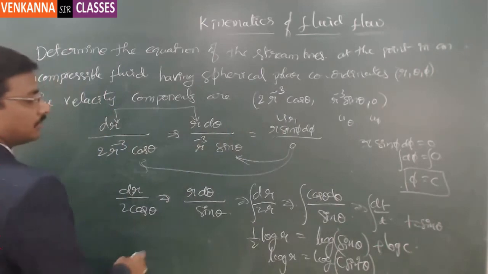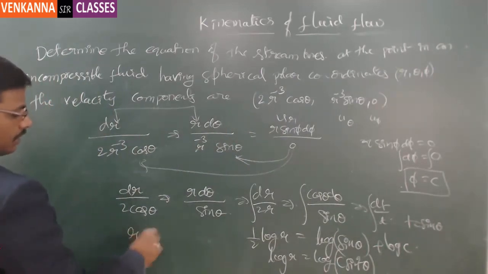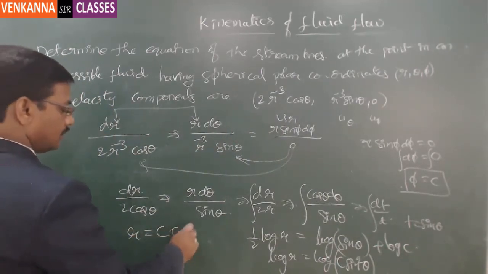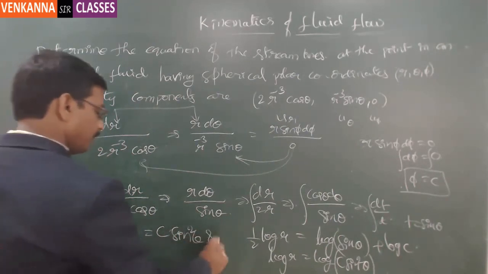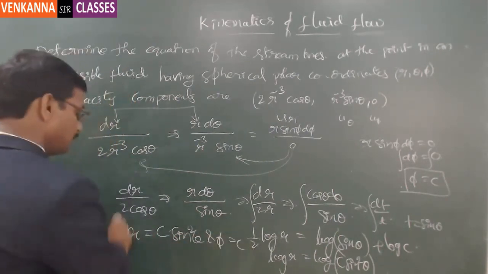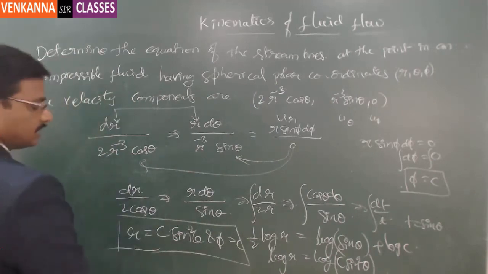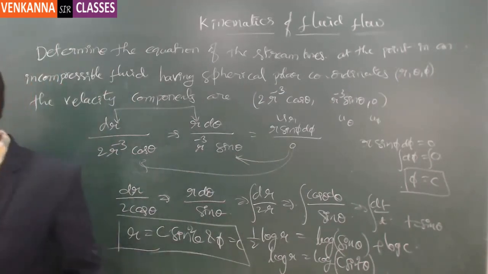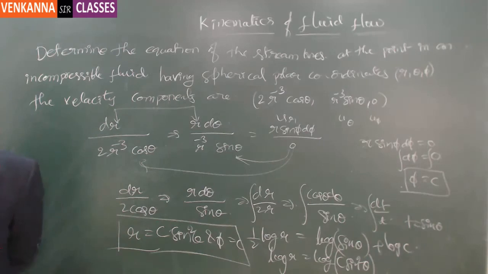So from that equation you can conclude that r is equal to c sin square theta, and phi equal to constant will together represent the streamlines in the spherical coordinate system in space. Got it? Understood? Okay.